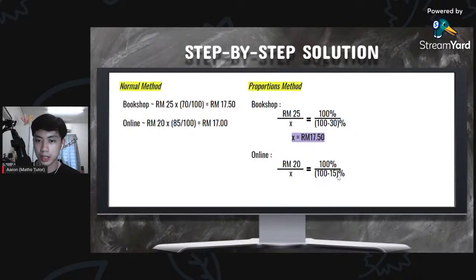The online is 15%, right? So then you can get 17 ringgit. So we get the answer.